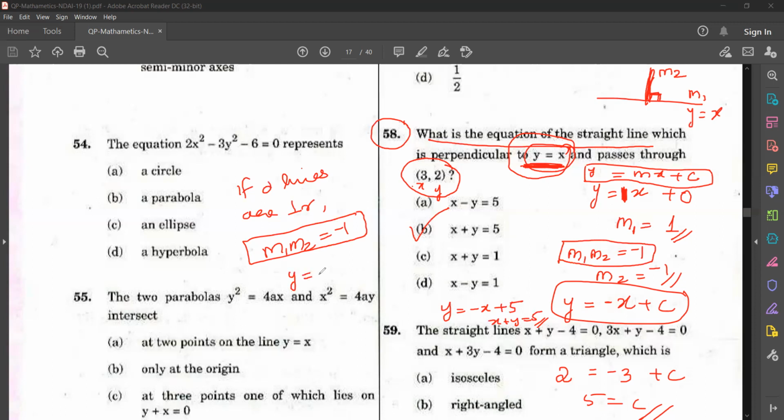The general equation of a line whose slope and intercept are given is y equal to mx plus c, where c is the y-intercept and m is the slope. Once you get the slope, you substitute it here, and to get the value of c you use the point which is given. So the answer is option B.